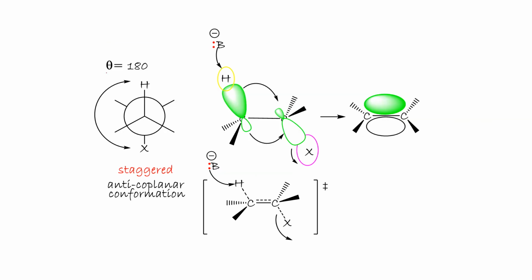As you can see, when theta is 180, hydrogen and halogen are anti-coplanar. The base will attack the hydrogen.